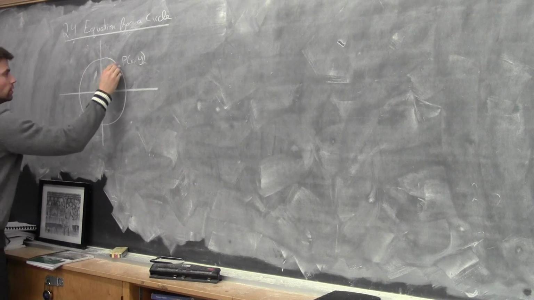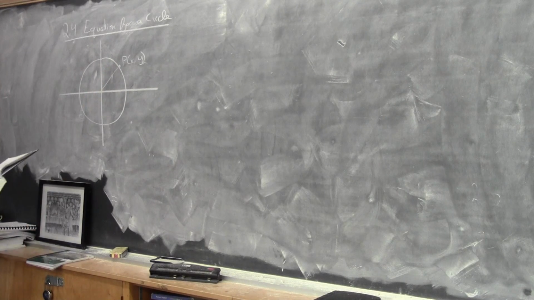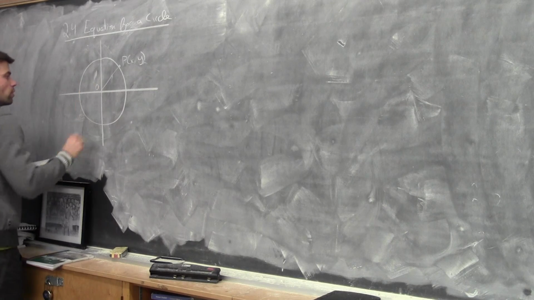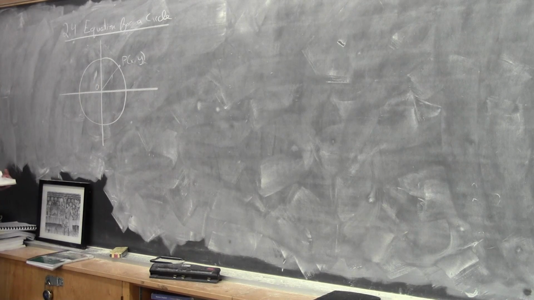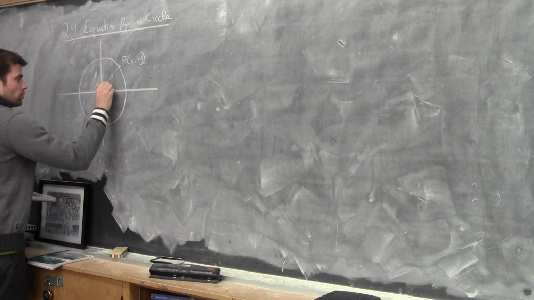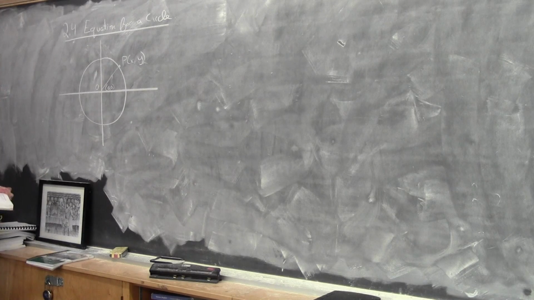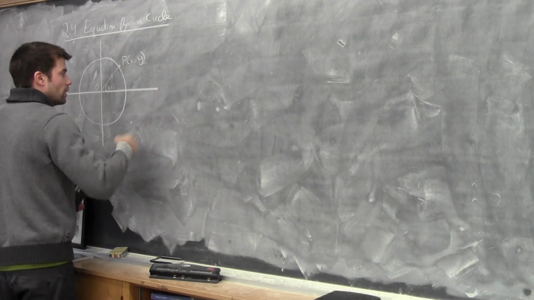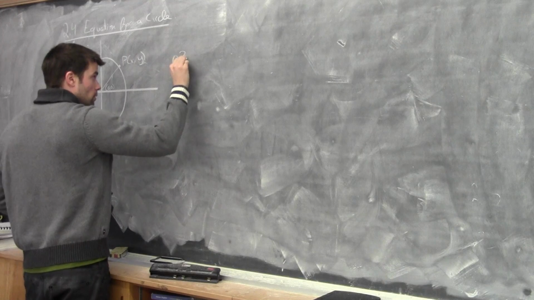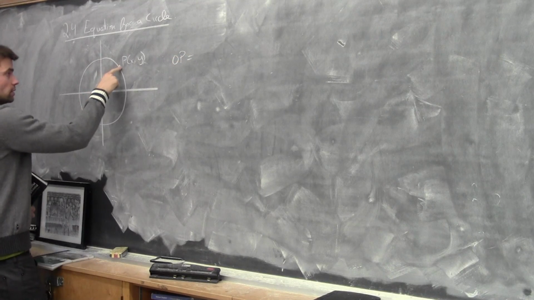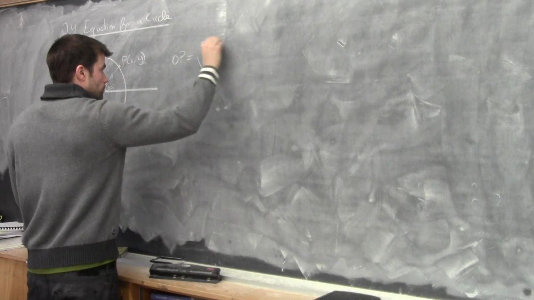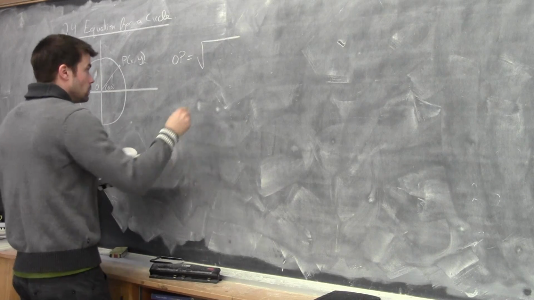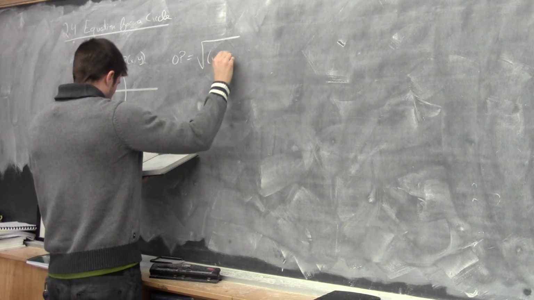This could be any point. Okay? So we're looking for the center we call the origin, or O, and it has a coordinate of 0, 0. So if we wanted to find the radius, or the length of this line, we could use our formula for the length of a line. So OP, the distance from this point to this point, is going to be our distance formula.